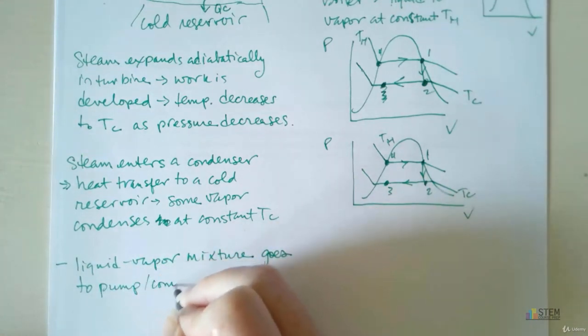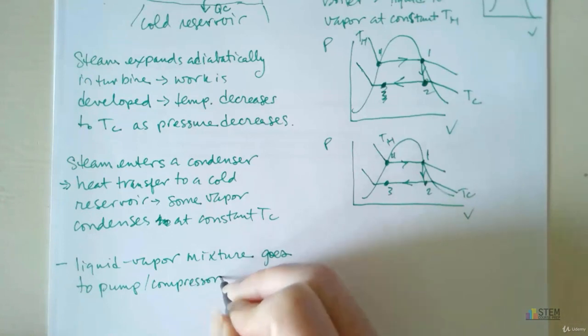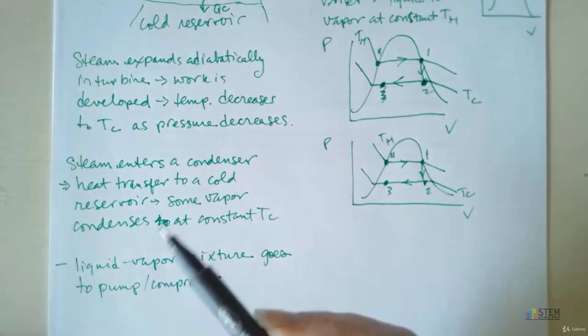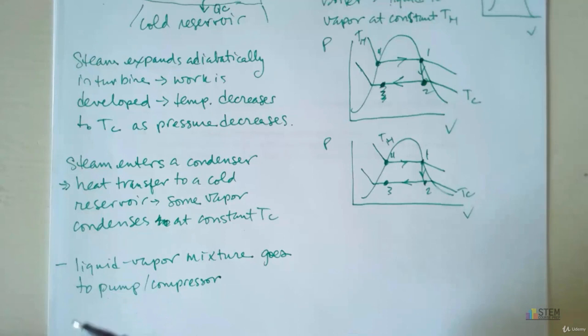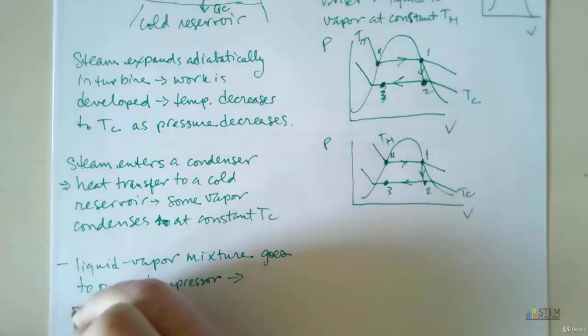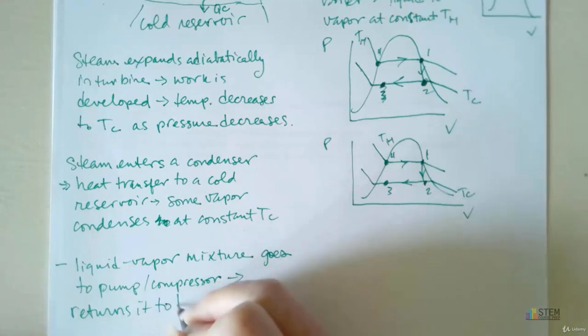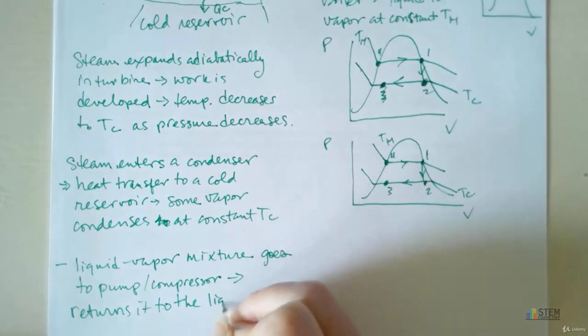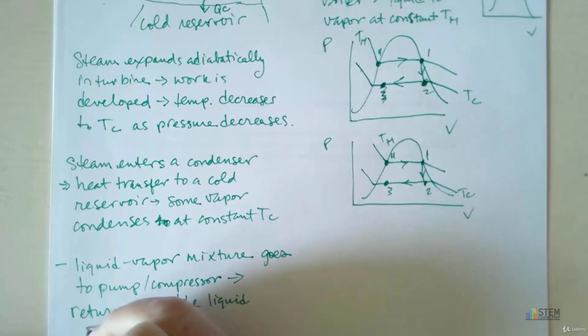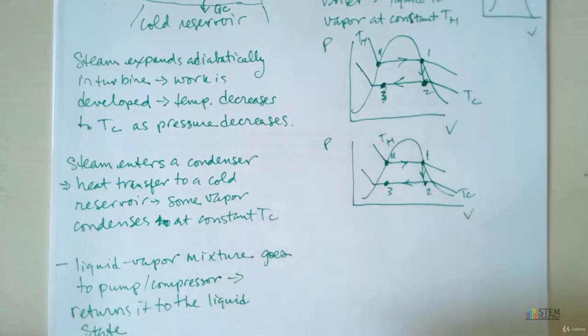You could also call it a compressor. And what that pump is going to do is it's going to return the liquid vapor mixture all the way back to the liquid state. So let's just put returns it to the liquid state, and then once that water is all in the liquid state again, it's ready to go back through the boiler.